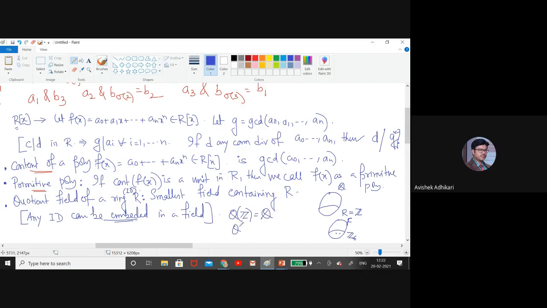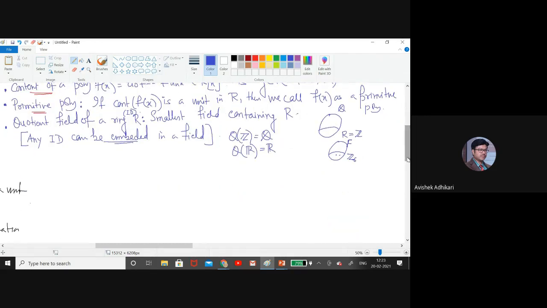What would be Q of a field R? The smallest field containing R is R itself. That is the idea of the quotient field of a ring, of course, of an integral domain.